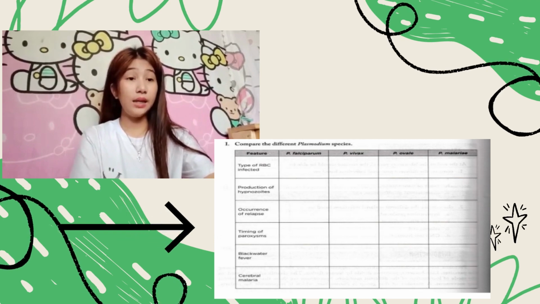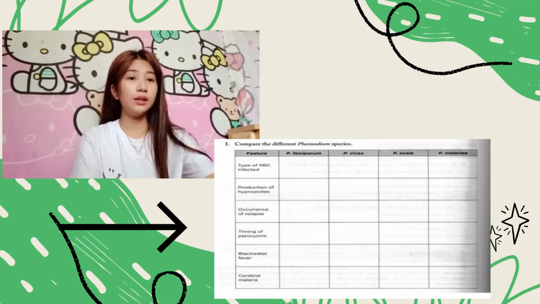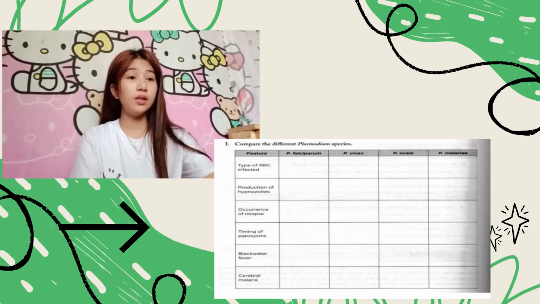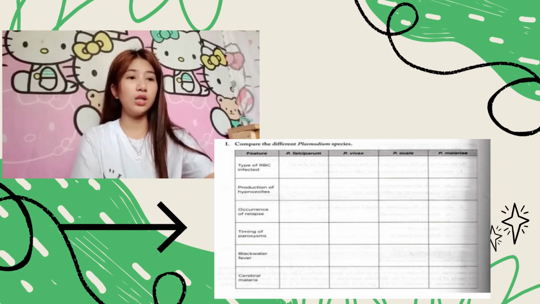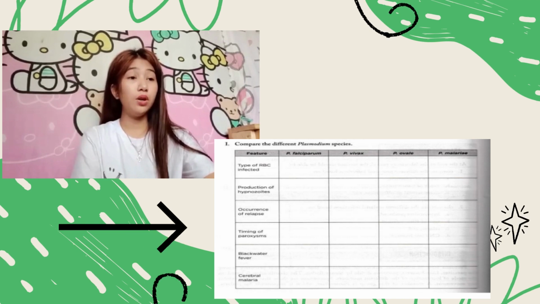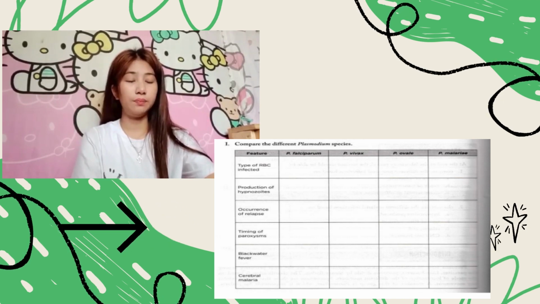For the parasite Trypanosoma cruzi, the source of infection is the bite of the kissing bug and scratching the bite area with feces. The mode of transmission is the bite of the kissing bug.